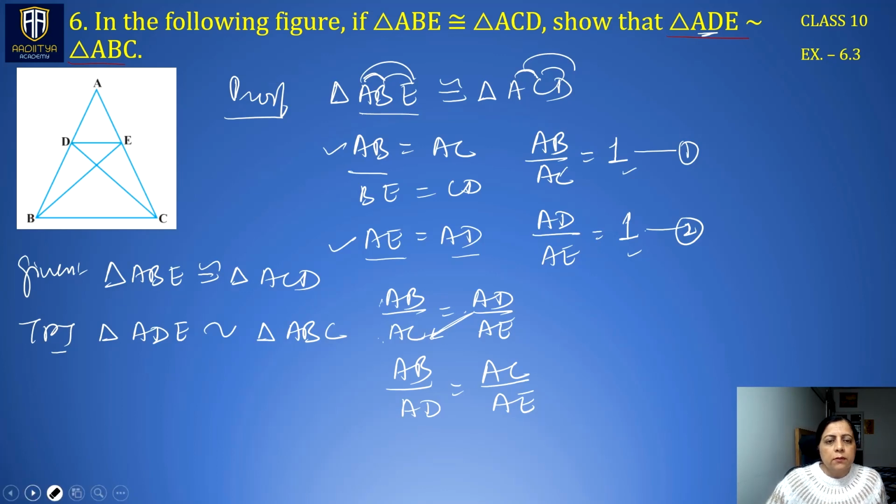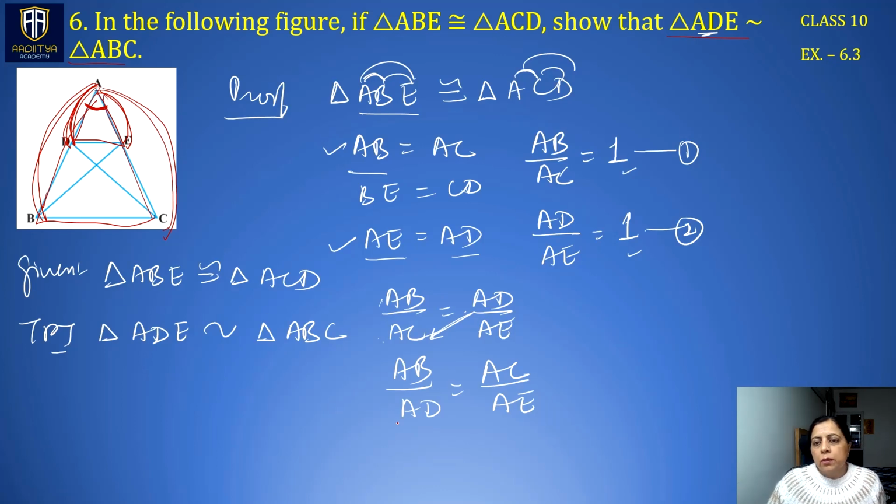So you can see the ratios: this bigger triangle side over this smaller triangle side, and this bigger side over this smaller triangle side. And you can see that this angle, the vertical angle, is common to both triangle ADE as well as the whole triangle ABC. So now you can write angle A is equal to angle A.